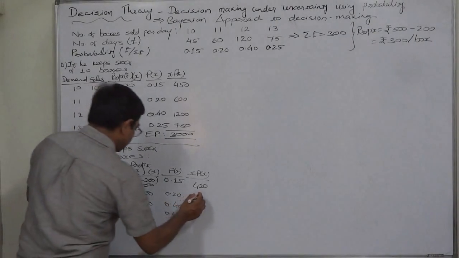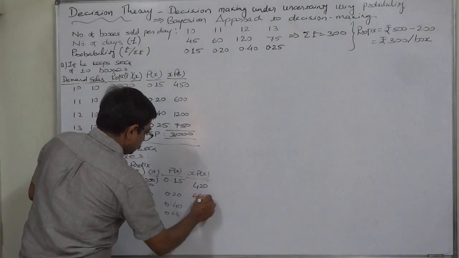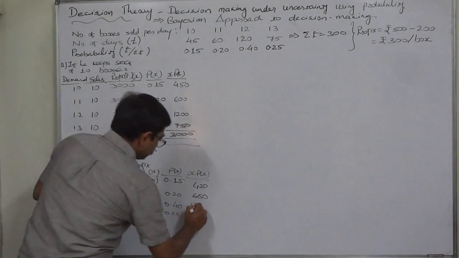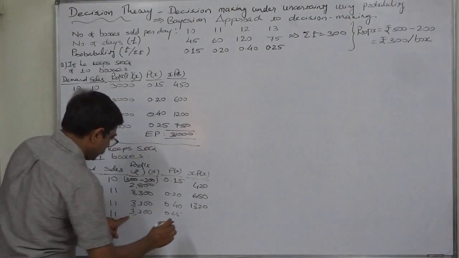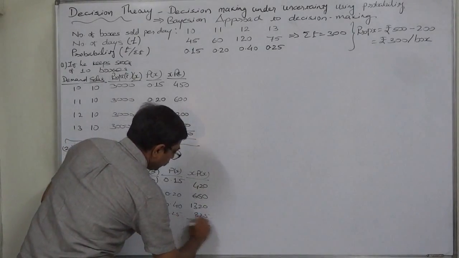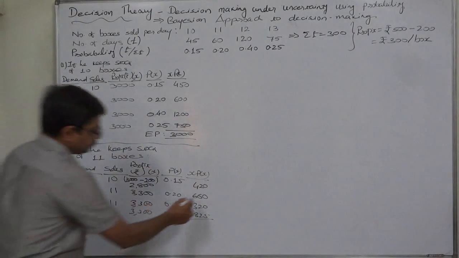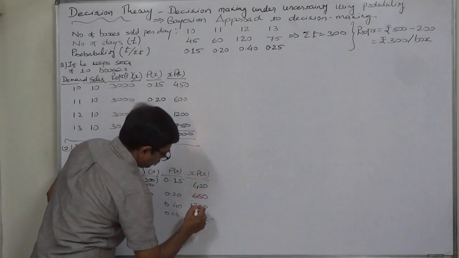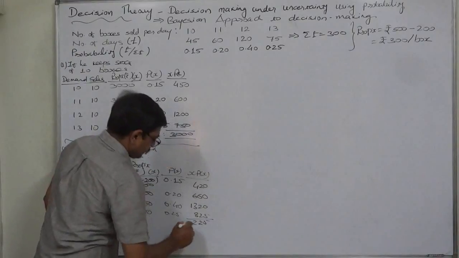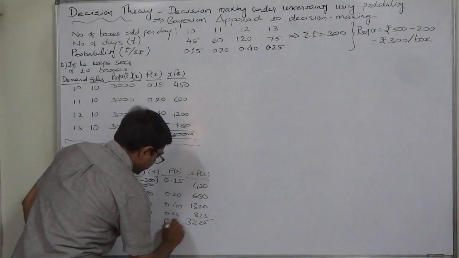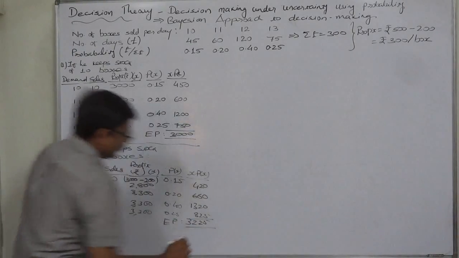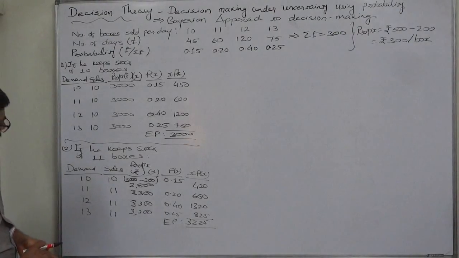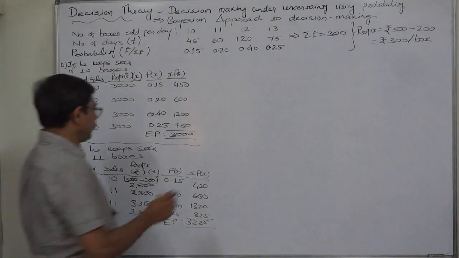Yes, 660, 1320, 825. His expected profit will be 3225 if he keeps stock of 11 boxes.